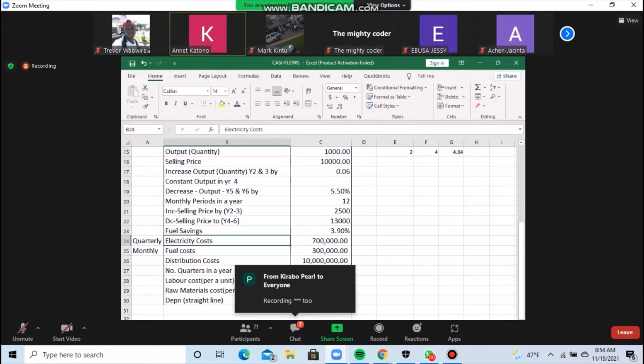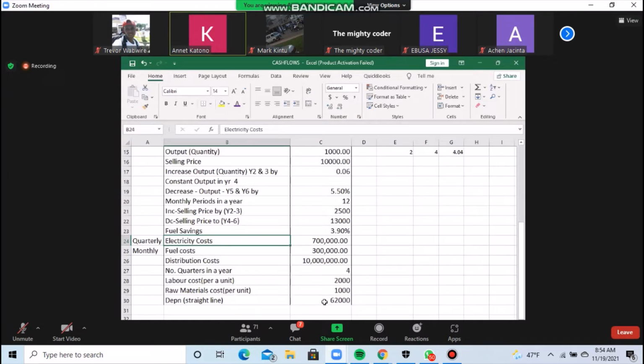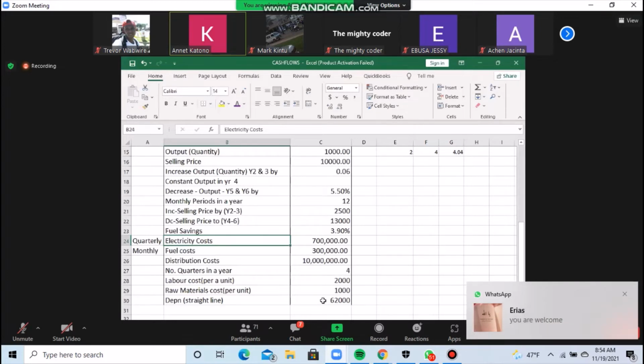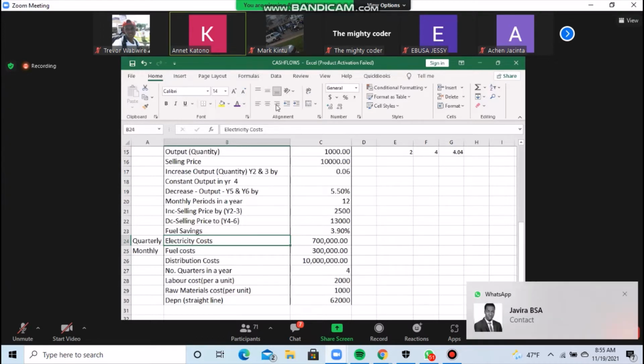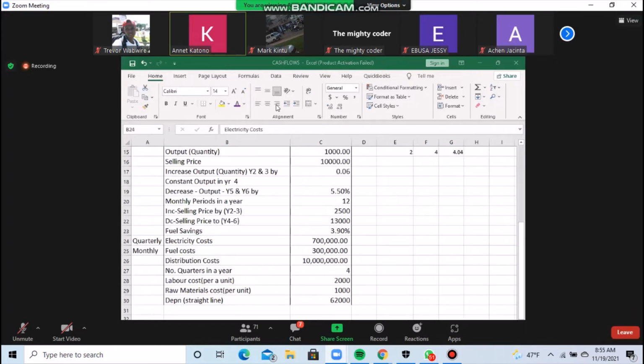It is an expense to the business. So if it is an expense, we shall first add it to the expenses that we have, and then we shall later be in position to remove it to get the intermediate cash flows.